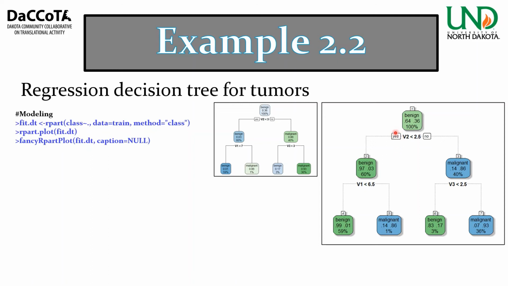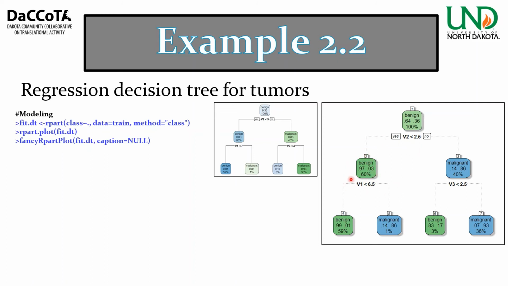And whatever one was the more prominent one has the label up top. So starting, our data set had about 2/3 benign. And then for those that had variable 2 less than 2.5, almost all of them were benign, but a few of them were malignant.